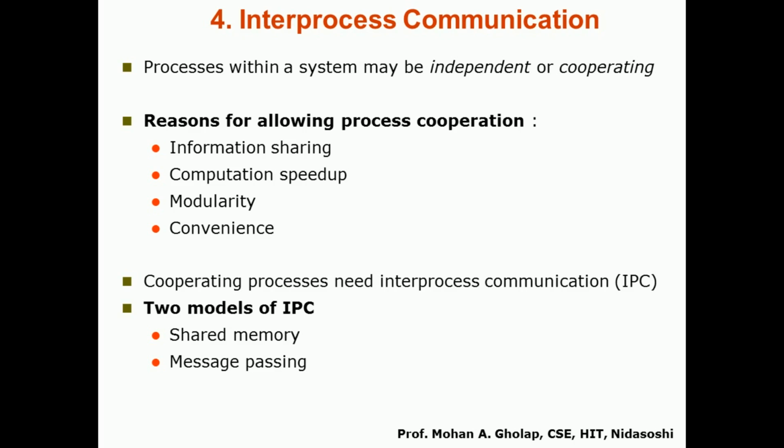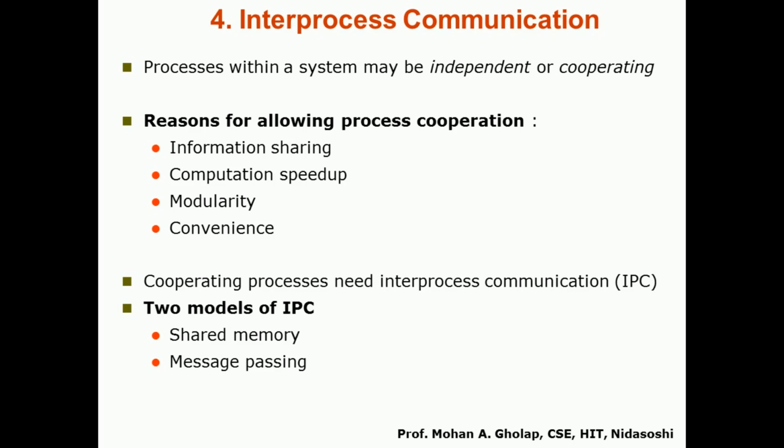In that case you can have cooperating processes, because if the processes are independent, they cannot share any resource, as there will not be any effect among the execution of one another. But if you provide an environment for process cooperation, information sharing is possible. So if some information is to be shared among different processes, that can be done here. This is the first reason.